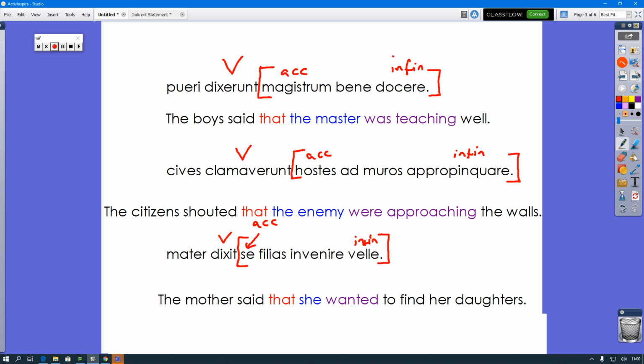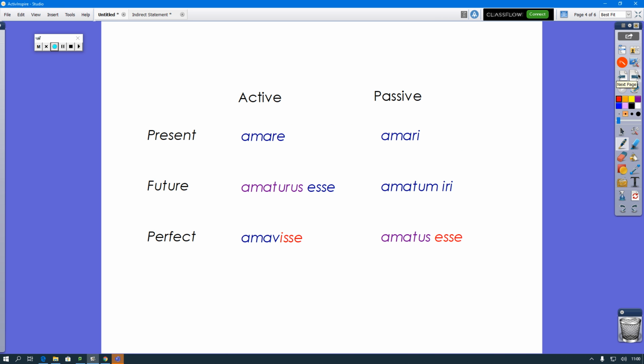Let's just look at those tenses of the infinitive. Amari is very common, we meet it a lot. You need to watch out for that passive one. It's a bit hard to find sometimes, especially with a verb like rego, where it actually loses a syllable as well.